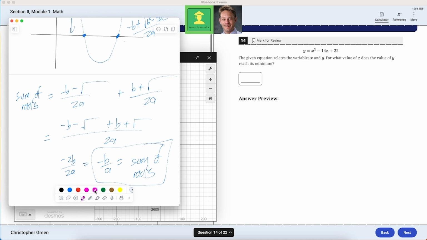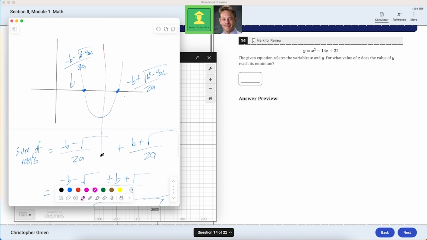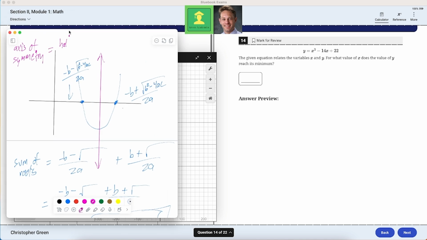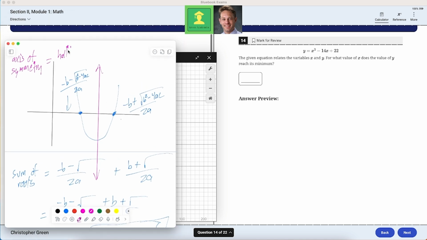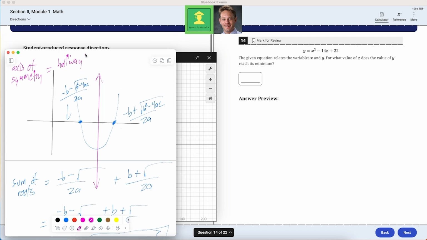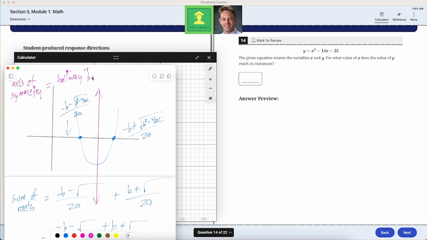Now, the axis of symmetry in any quadratic is halfway between the roots. So I'm going to write this out in words because we have time here, because we're going relatively quickly on this section, of course. Axis of symmetry is halfway between roots.